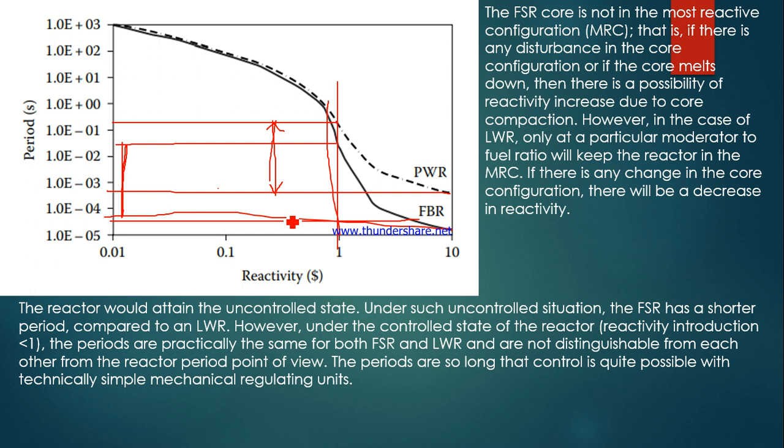However, under the controlled state of the reactor, means the left hand side of this line, because here reactivity is 1, this side, the periods are practically the same for both fast and light water reactor, and it is not distinguishable.